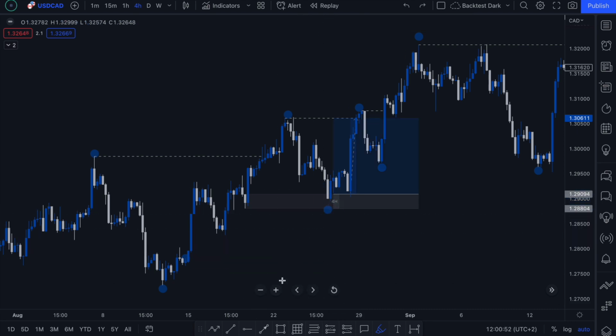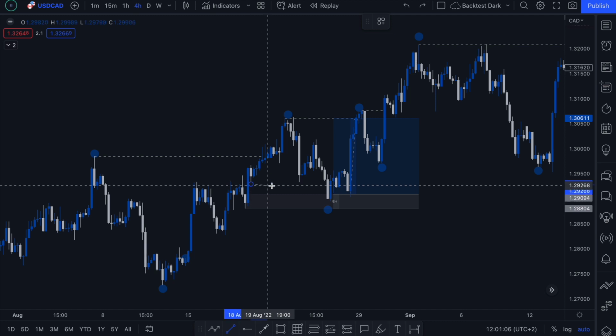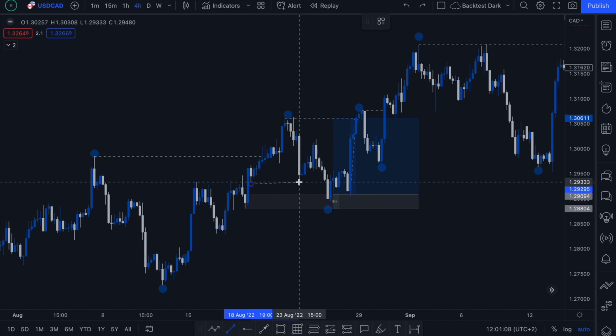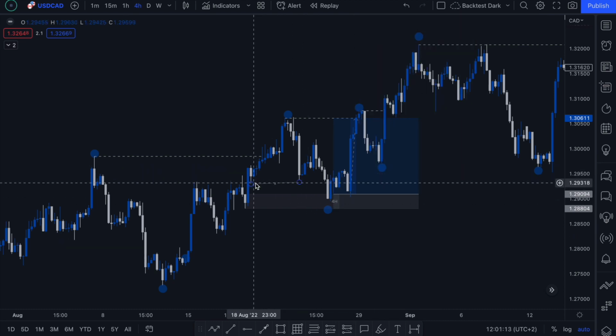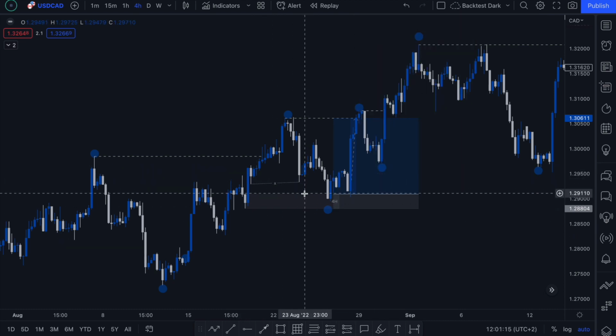Well, as you guys know, liquidity comes in the form of equal highs, equal lows, double tops, double bottoms, trend lines as well, anywhere where you might have a collection of orders. Now, very quickly, you can quite clearly see that we have relative equal lows in here acting as liquidity. Okay, so you have relative liquidity sitting just above our demand zone in there.